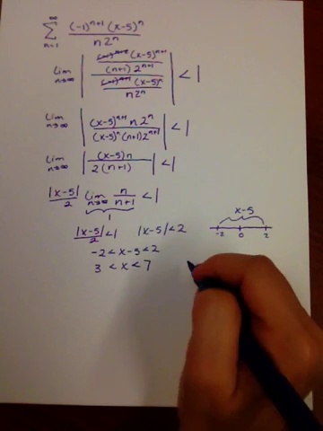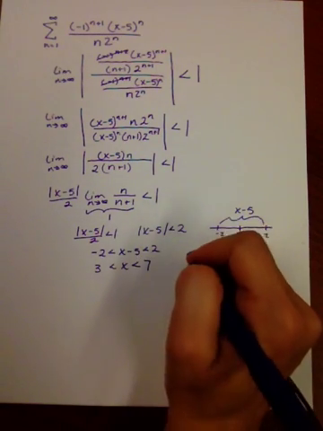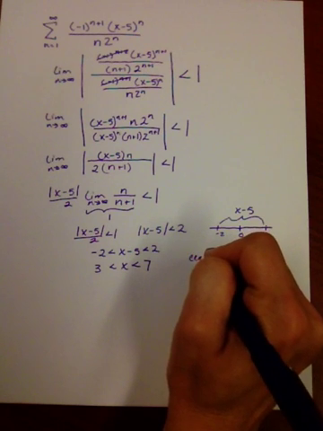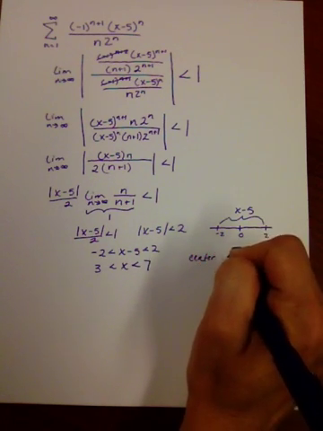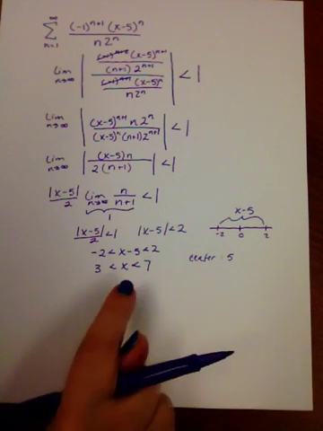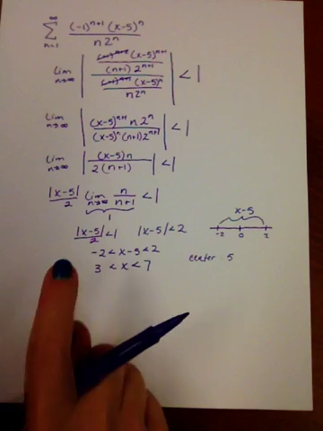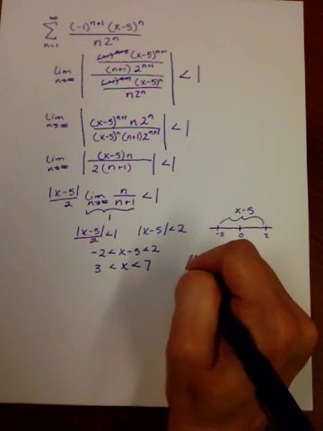So what I know so far is that if I look at halfway in my interval, that is 5. That is where it was centered. So my center was 5. I also know my radius of convergence. From 5 to 7, that's a distance of 2, and from 5 to 3, that's a distance of 2. So my radius of convergence is 2.